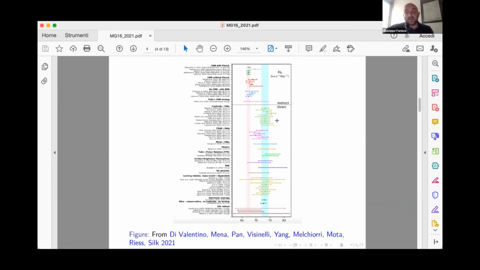There is this tension that we need to understand better, whether there is a possible source of systematics, or there might actually be some new physics just around the corner, which we would be very happy about, of course.